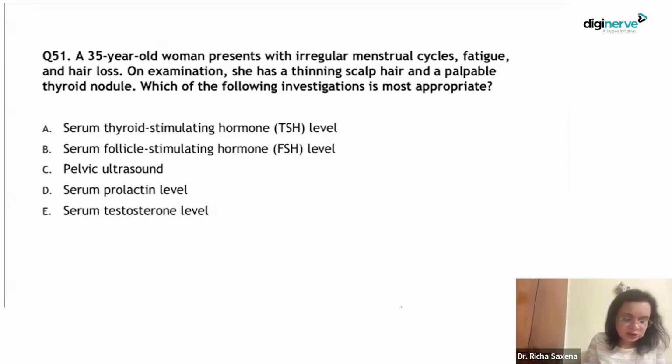Yes, this points to probably hypothyroidism. And usually irregular menstrual cycles could be associated with abnormalities in thyroid hormone levels. If you measure TSH and it is high, it means it is hypothyroidism. And if it is low, it means probably it is hyperthyroidism.